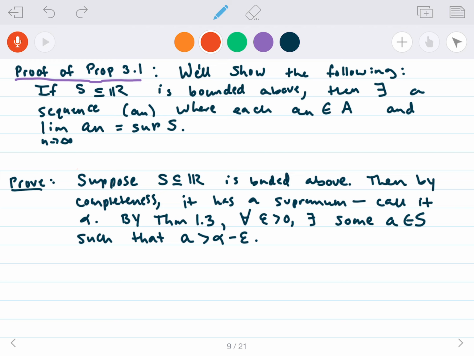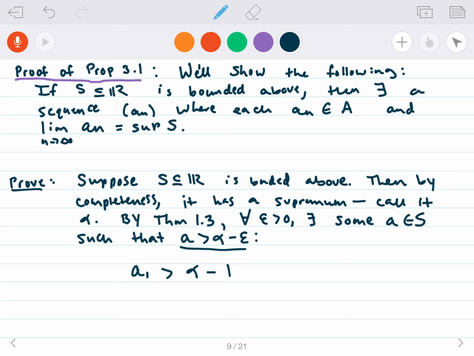And we can use this to make a sequence. So, for epsilon equals 1, there's some little a1 in our set that's bigger than alpha minus 1.